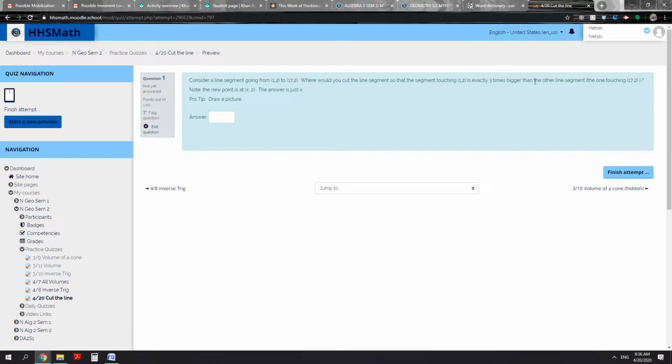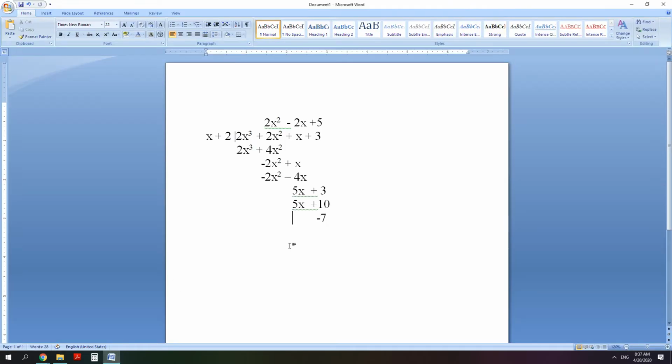Where would you cut the line segment so that the segment touching 1, comma 2 is exactly 3 times bigger than the other line segment, the one touching 17, comma 2? So if the line segment has to be 3 times bigger, then that means we would be cutting our line.